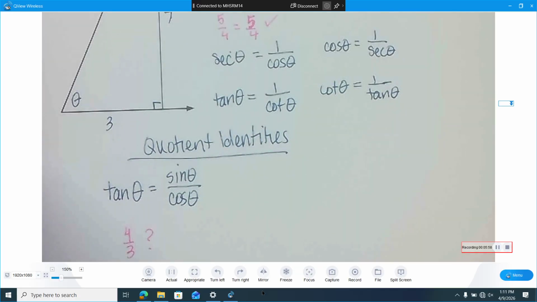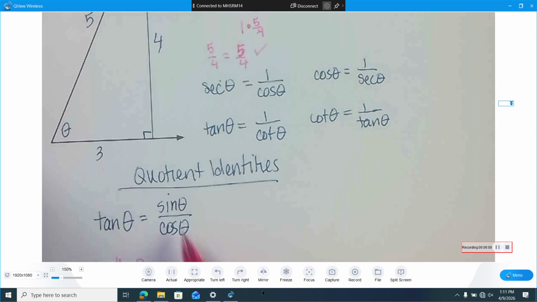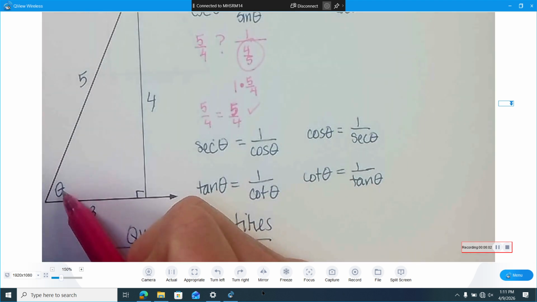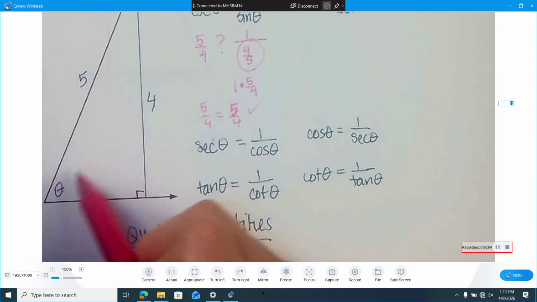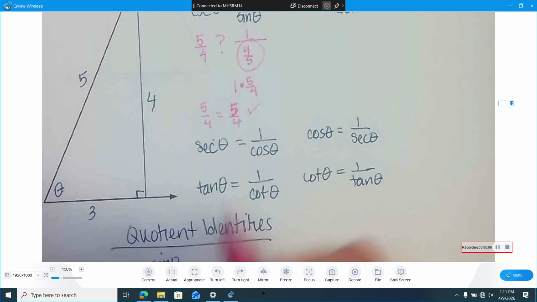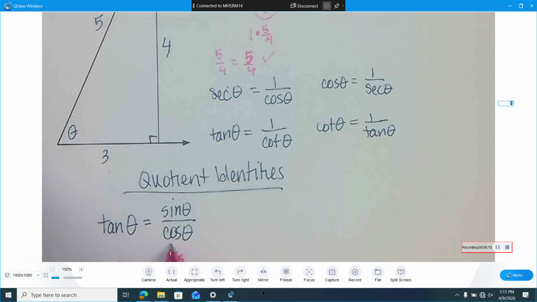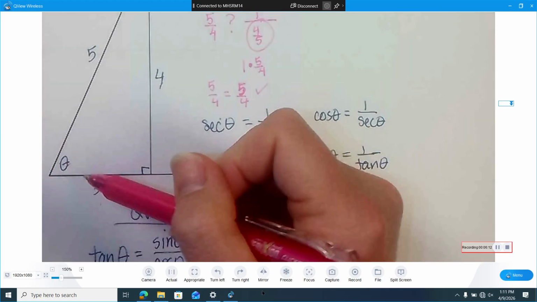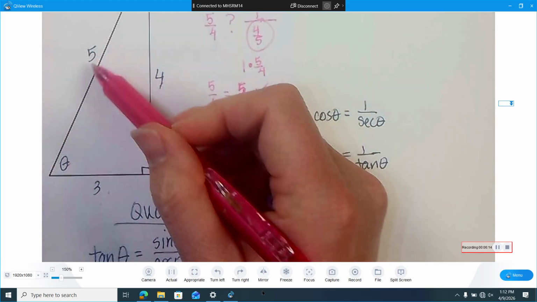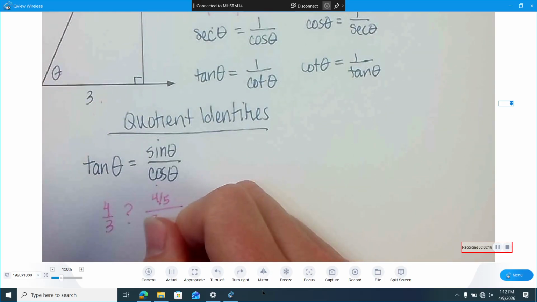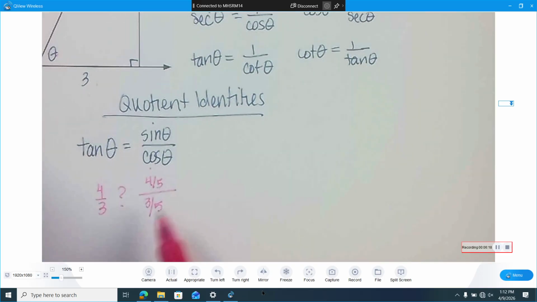And I want to know, is it the same as sine of theta over cosine of theta? Well, sine of theta would be opposite over hypotenuse, so that would be 4 over 5. Cosine of theta would be adjacent over hypotenuse, so that'd be 3 over 5. All right, so we have 4/5 divided by 3/5. What happens there? There's a couple things we could do.